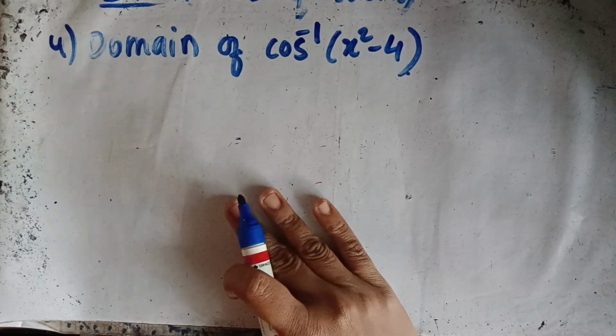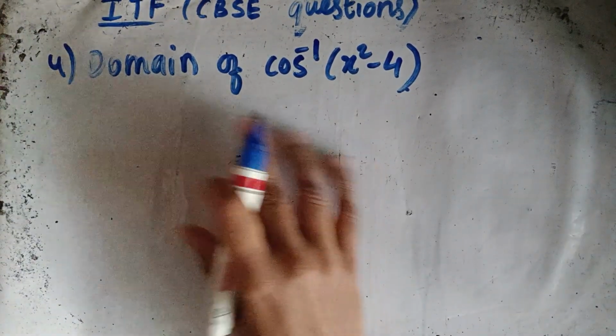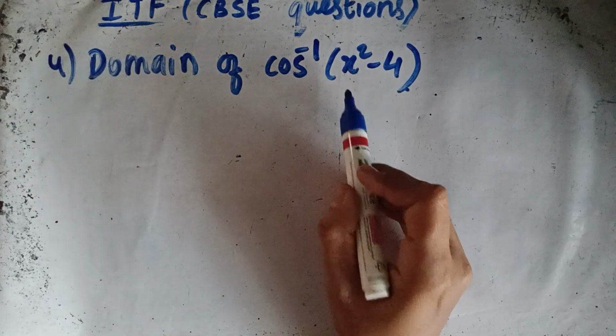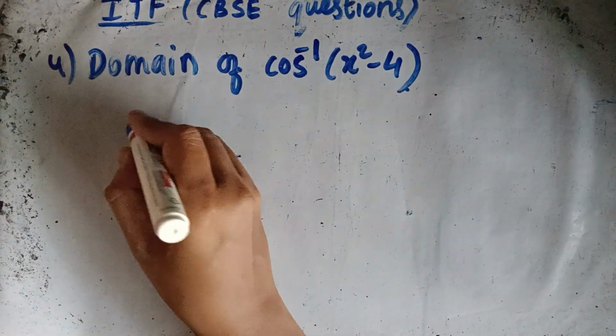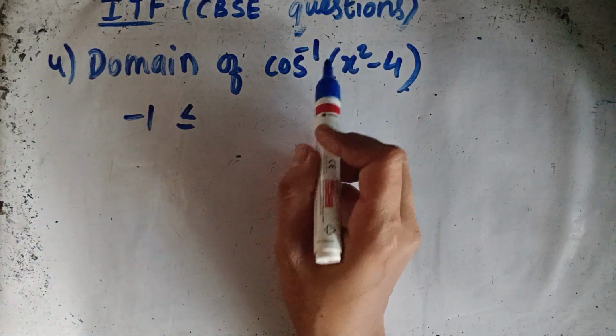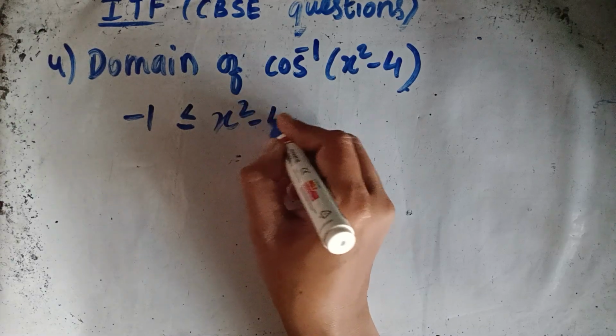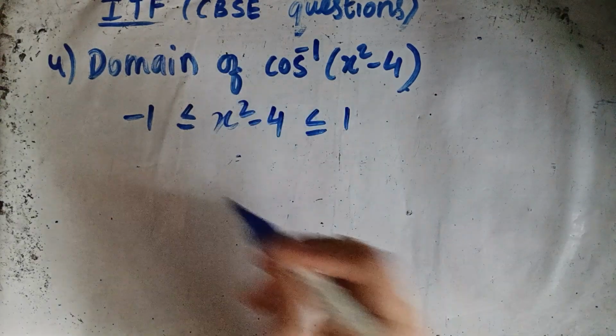Next question, you have to find the domain of cos inverse of x square minus 4. Again, this x square minus 4 falls between minus 1 and 1 because the domain of cos inverse is minus 1 to 1.